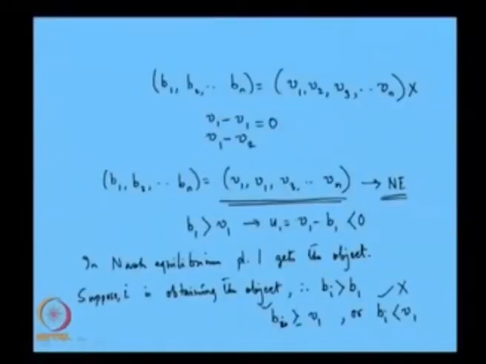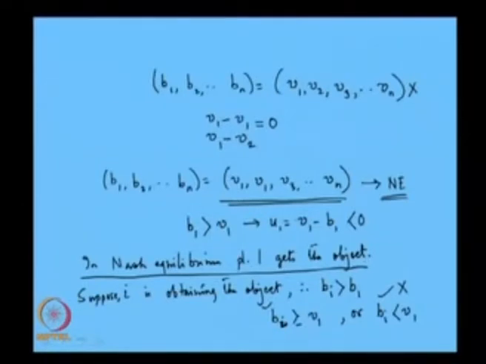In fact, he can bid equal to B I and get the object, because the tie breaking rule is that player 1 gets the object if he ties with someone else. So, again, this cannot be a Nash equilibrium, because in this case B 1 will be equal to or more than B I, which means that player 1 will get the object. So, player I cannot get the object in this case also. So, we are left with the possibility that in Nash equilibrium, player 1 always gets the object.